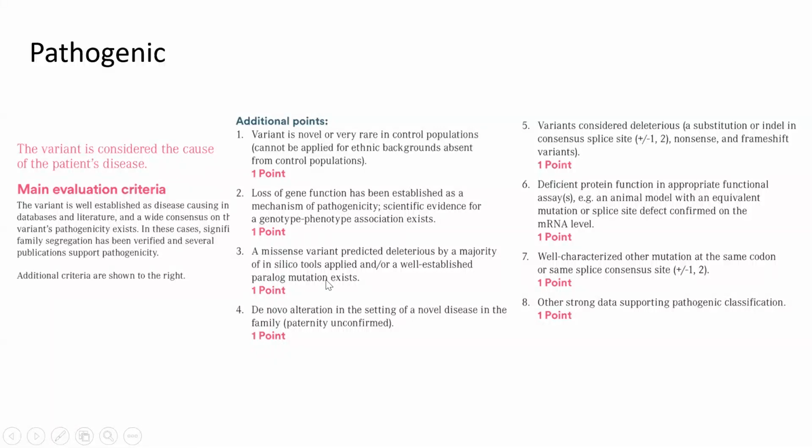Of course, prediction tools were also there. We don't know whether it is de novo or was already there before, because we don't have the family history here. So certain factors we need to take into consideration. At least 3 to 4 factors should come together before you can stamp it as a pathogenic variant.